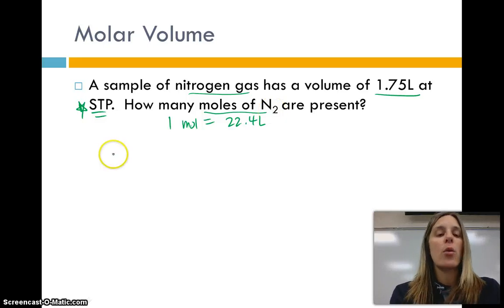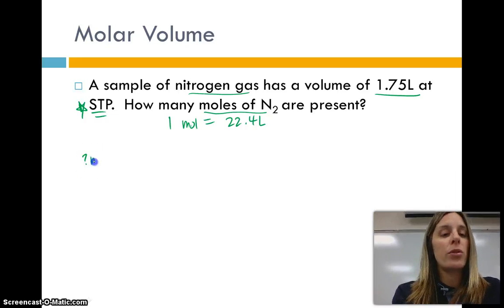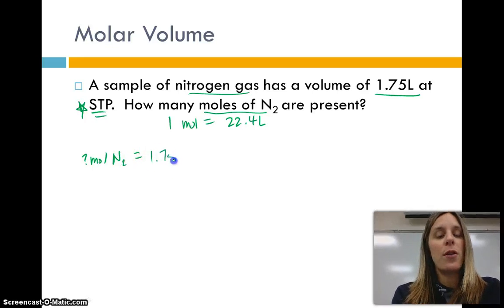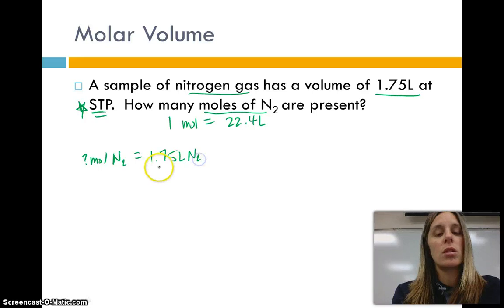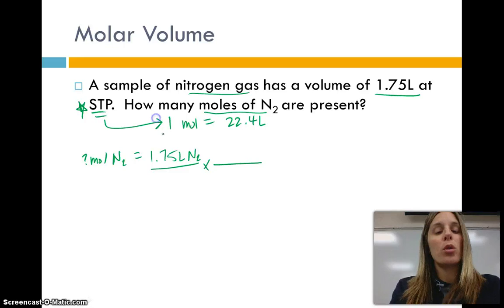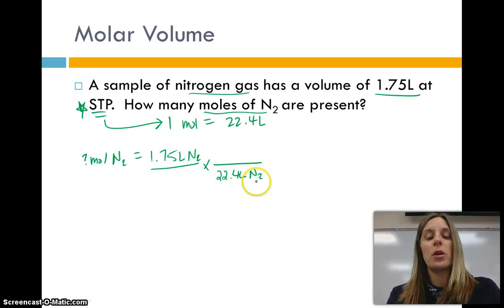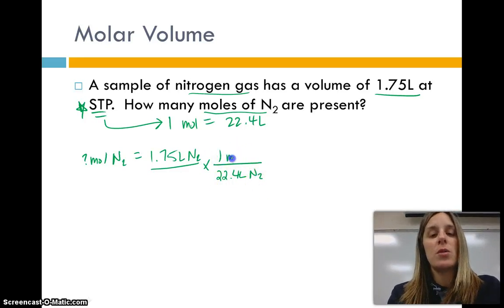How we would set this up is: how many moles of N2 are equal to 1.75 liters of N2. Because I'm at STP, I can use my molar volume conversion factor. Since I'm starting with liters, the 22.4 liters of N2 needs to go on the bottom to cancel, and it is equal to 1 mole of N2 gas.